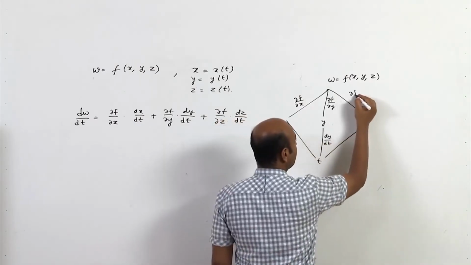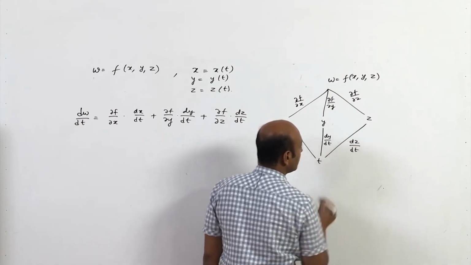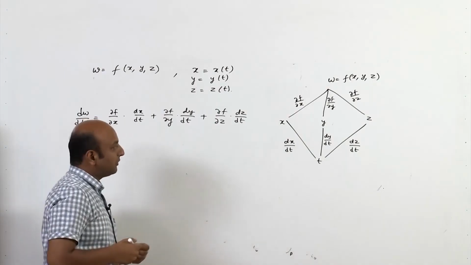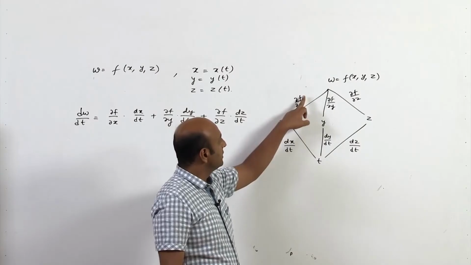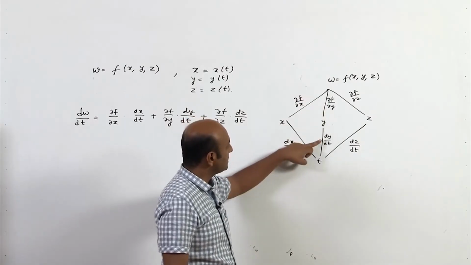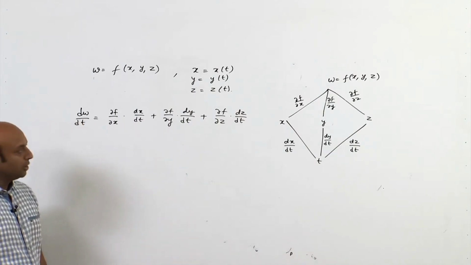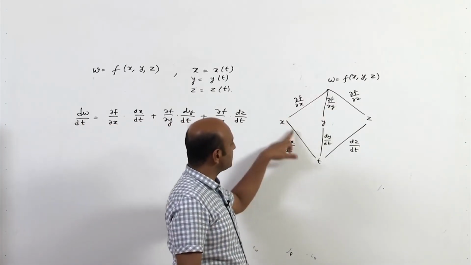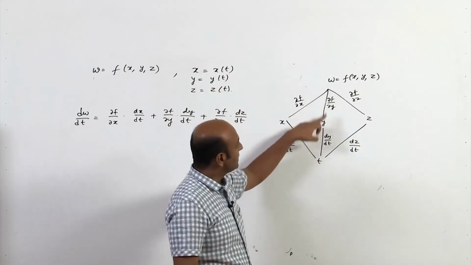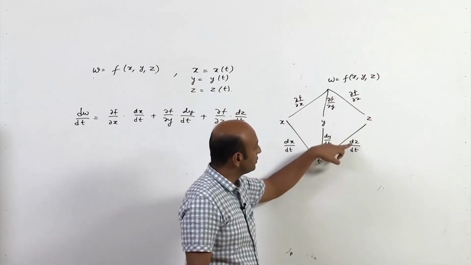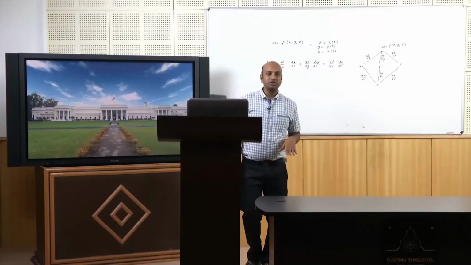It is del f by del z, and dz by dt. So if you want to compute dw by dt, it is this into this plus this into this plus this into this, which is this expression. You take the first branch, this into this, then the second branch, and the last third branch, this into this, and add them. So we will get the chain rule for this function.